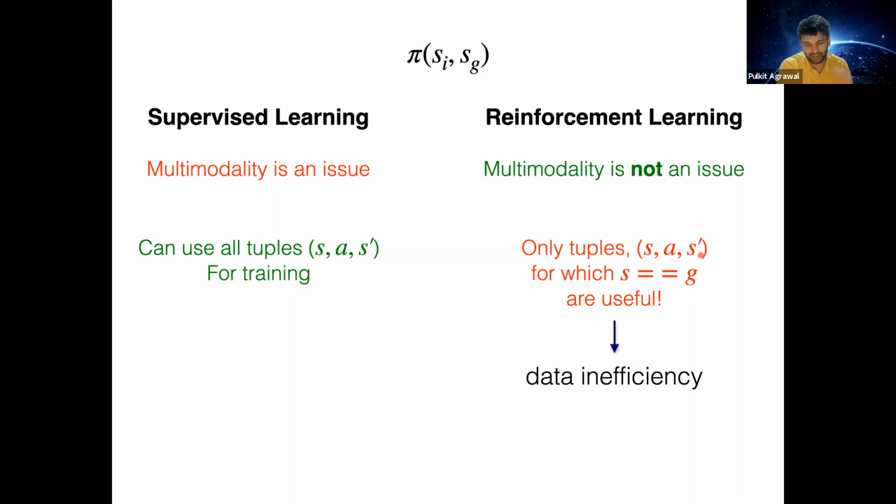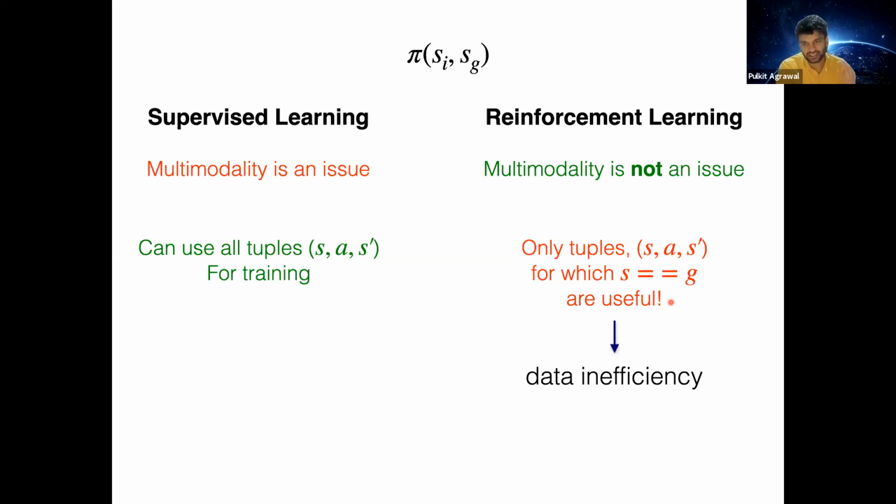And that is what causes data inefficiency. Only a very few interactions which take me to the goal actually give me a positive reward. And I can pretty much only learn from those transitions.